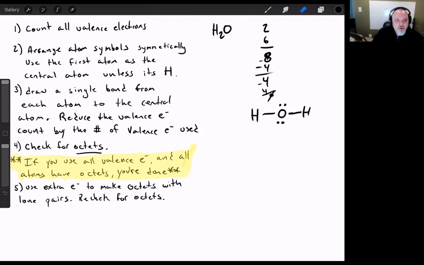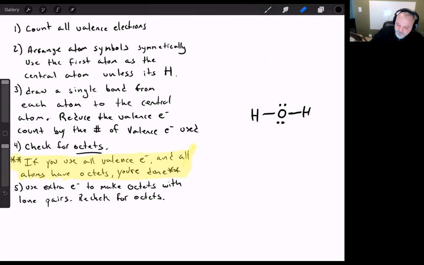But some of you guys are already starting to remember the last time we got together, and that lone pairs influence the geometry. And so the parent geometry will end up being tetrahedral, and it will end up being a bent molecular geometry. And we'll talk more about that in a second.